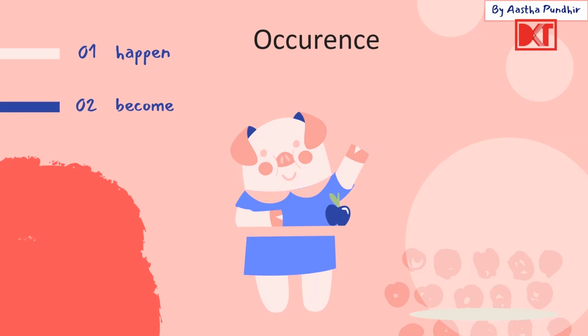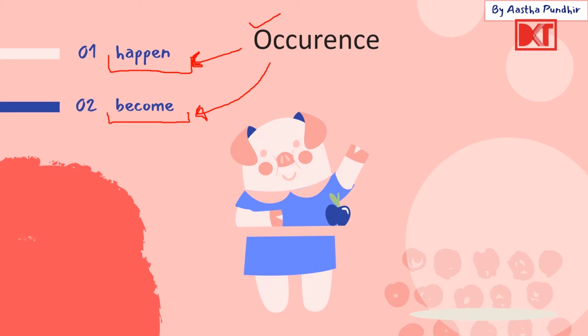Here we have occurrence. Now, happen, become. Happen means something that takes place, which means something that occurs. Right? So happen is a word that shows some kind of occurrence. And become as well. Become is used for a person, or when someone turns into somebody, being recognized for something.